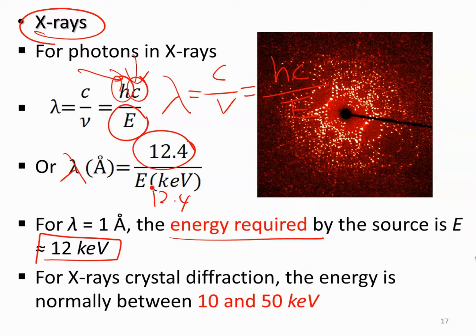Okay, so you can control the wavelength of the X-ray by controlling the energy that you apply to the X-ray source. For X-ray crystal diffraction, the energy normally used is between 10 to 50 kilo electron volt.